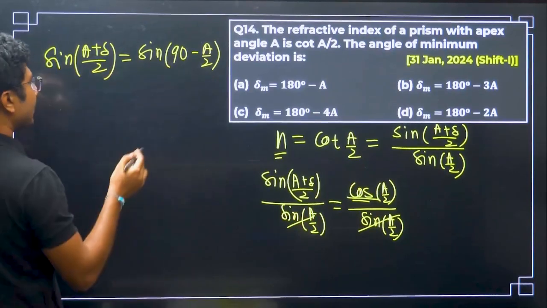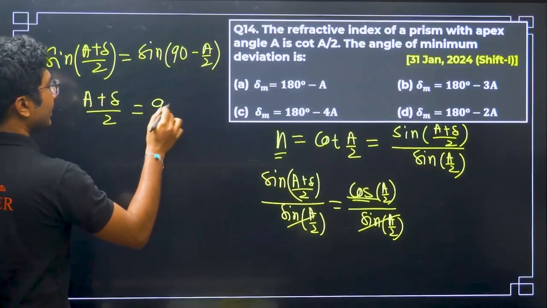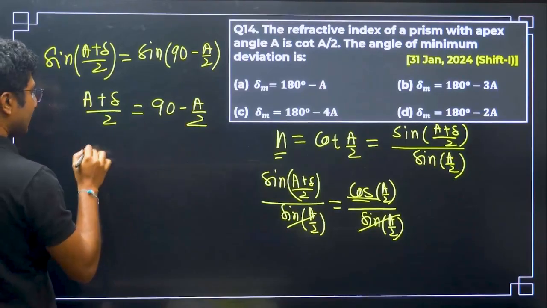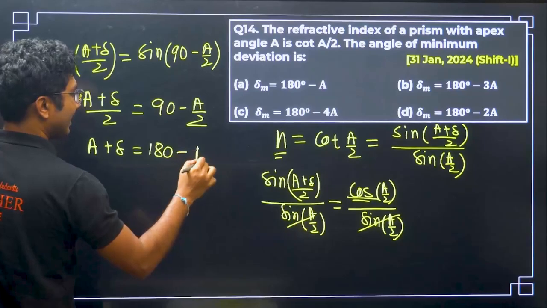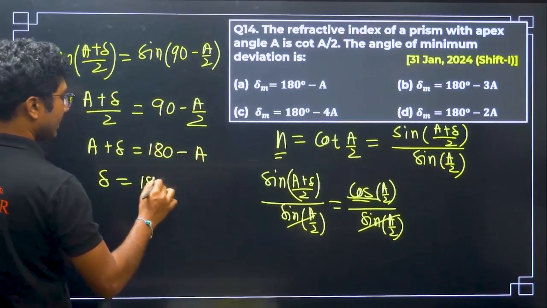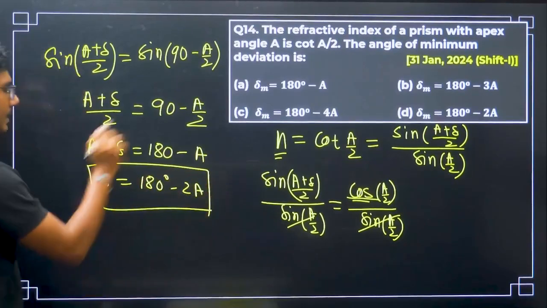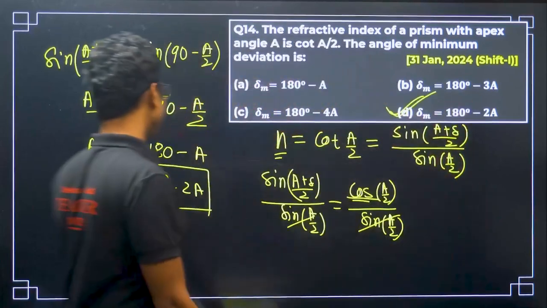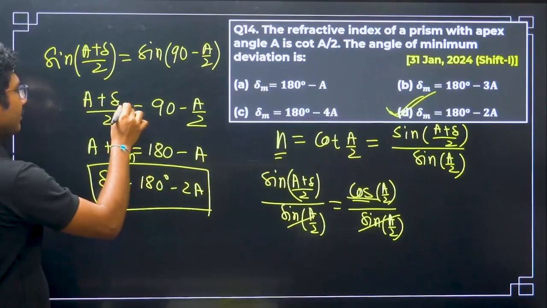Now sine can be cancelled and we can write A plus delta by 2 equals 90 minus A by 2, or by 2 can be cancelled. So A plus delta equals 180 degrees minus A, right, multiply by 2 both sides, or delta equals 180 degree minus 2A, right. This A will go to the other side, becomes negative. So 180 degree minus 2A, this is the minimum deviation, because the formula is for minimum deviation only. So delta m you can write.